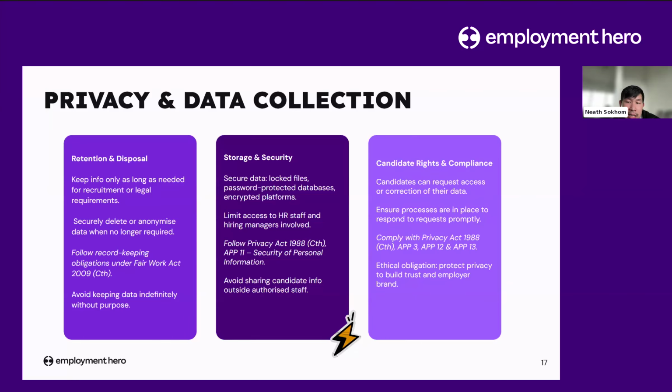If you wish to keep an unsuccessful candidate's details on file for potential future roles, you must explicitly seek their consent for this secondary purpose, as using their data for anything other than the primary purpose, which is to assess their suitability for the original role that they applied for, may constitute a breach of the APPs, or the Australian privacy principles, without their clear agreement. And adherence to these principles throughout the entire recruitment process is super important for compliance and maintaining the trust and confidence of job applicants.